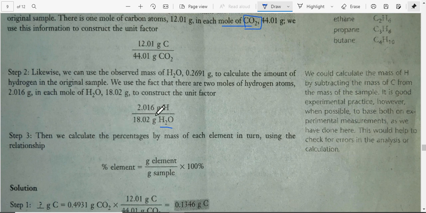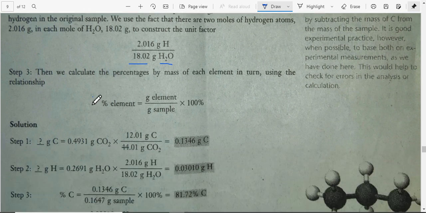Next is the formula you will use. Calculate the percentage mass using the relationship.